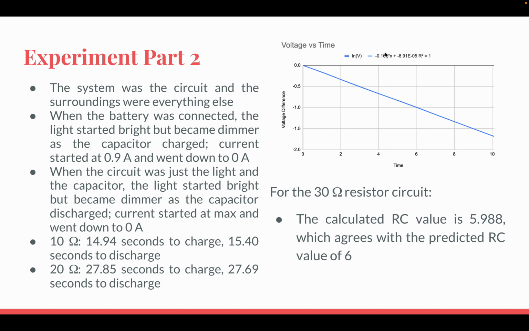And as you can see here, the RC constant can be calculated by dividing 1 by this value, which gives the time constant, which is how this was calculated.